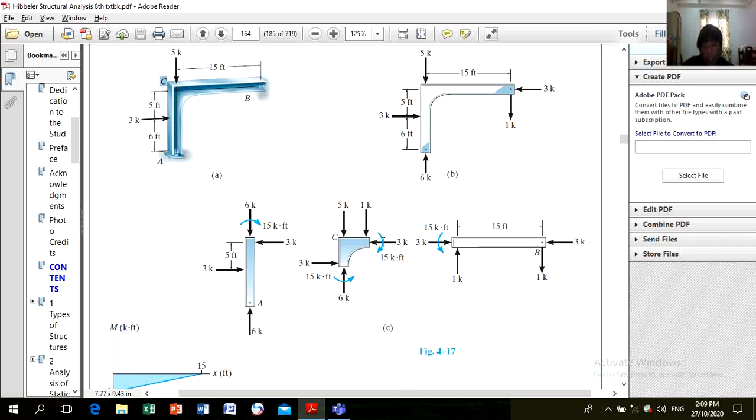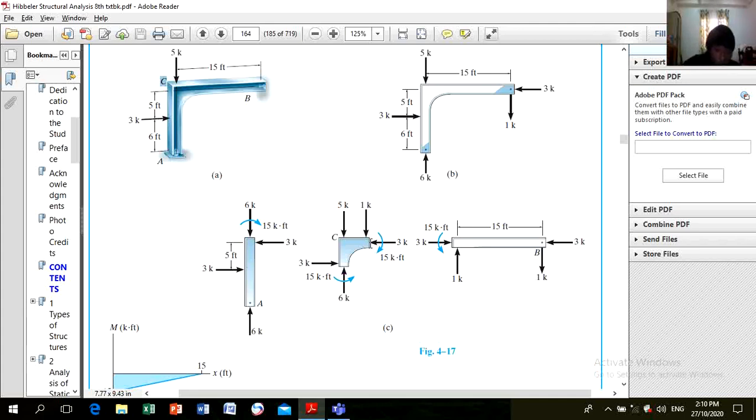Summation of forces along X is 3. Summation of moment at this point is 15.